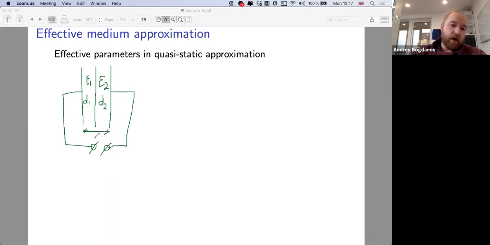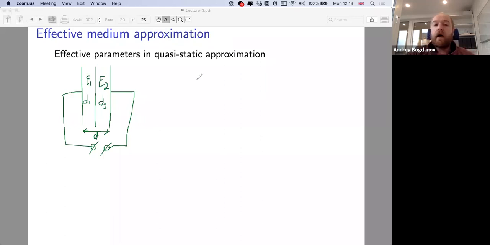So effective medium approximation is quite close. It's very similar to quasi-static approximation, because quasi-static approximation means that you have almost static field. It means that the wavelength is huge because frequency is very low. Okay.